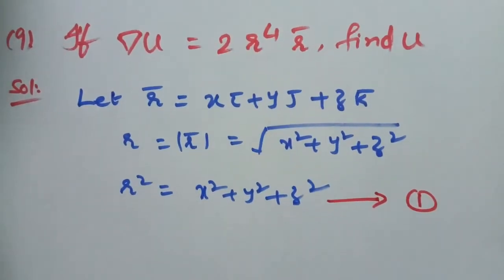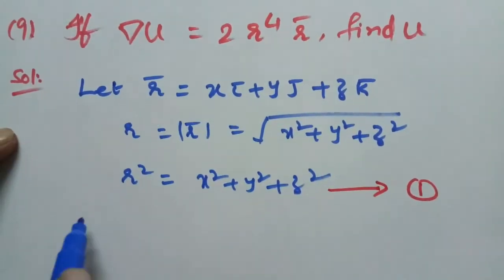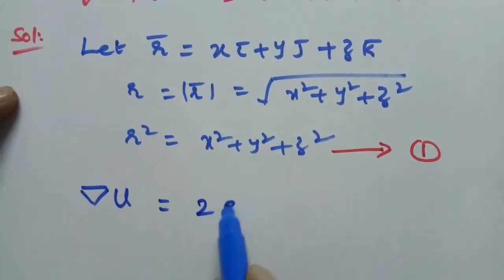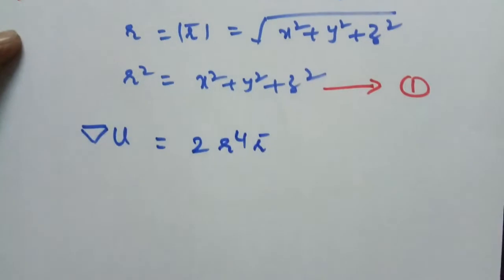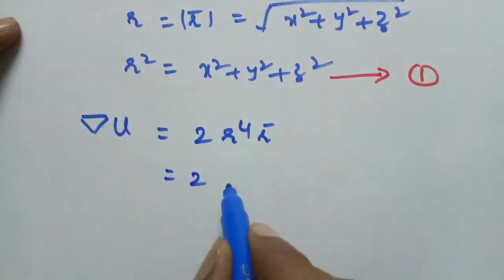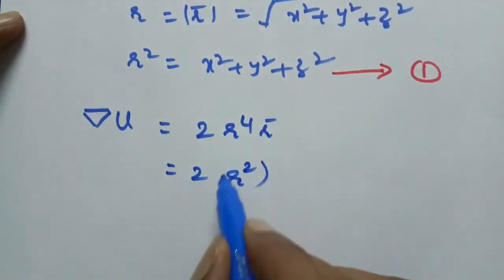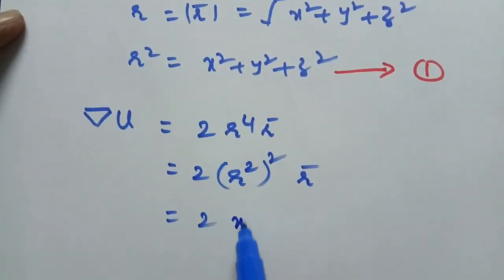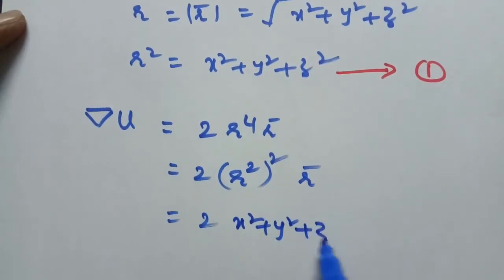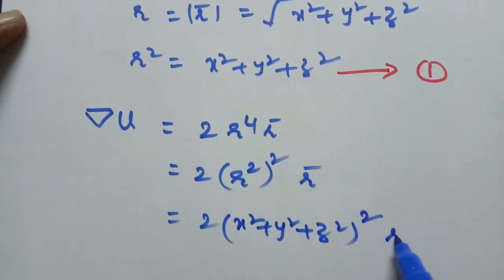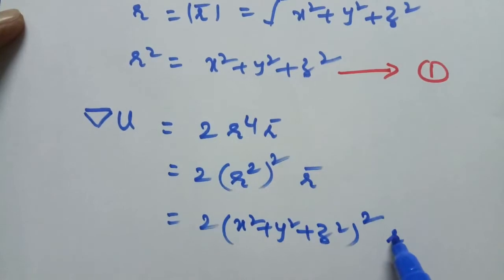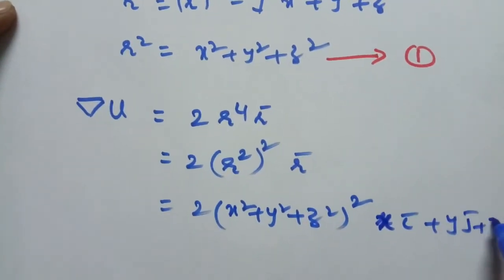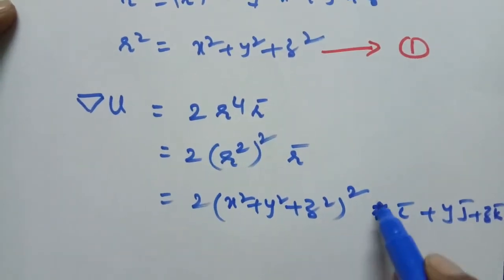Now take the given statement del of u is equal to 2 into r power 4 into r bar. Therefore, this can be written as 2 into r square whole square into r bar, that is 2 into x square plus y square plus z square whole square into r bar, where r bar is equal to x i bar plus y j bar plus z k bar.